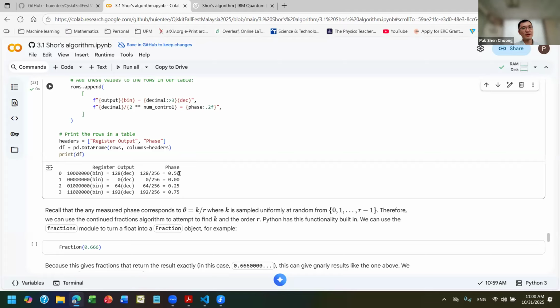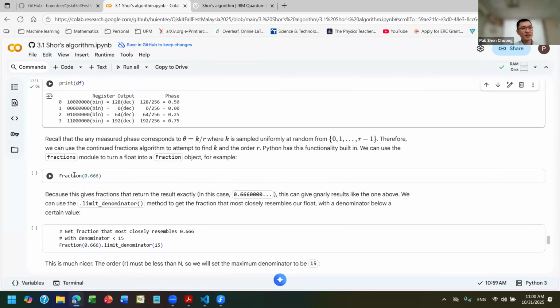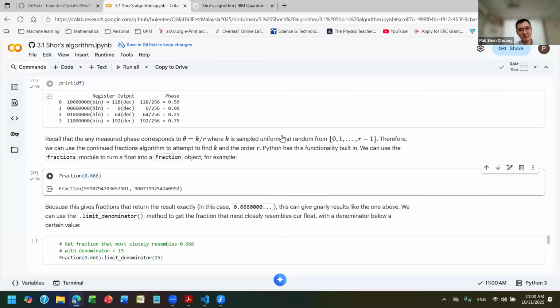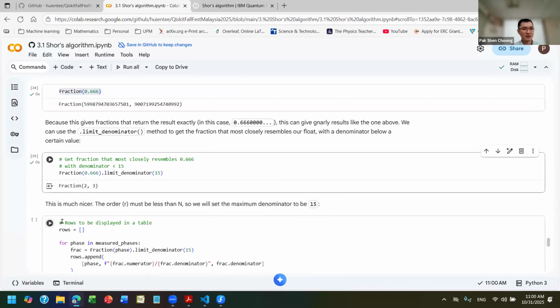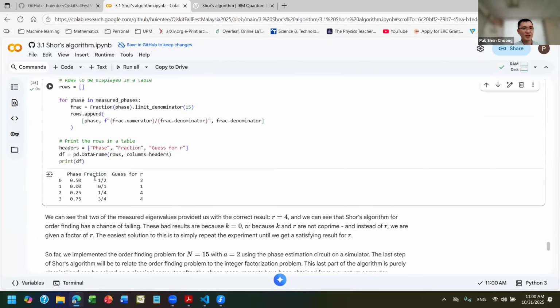So over here, when you directly do the division, it's not apparent. So here they directly implemented what we call the fraction. So this basically helps you to reduce the fraction into the simplest form. When you do that, you would be able to see the fraction being simplified.